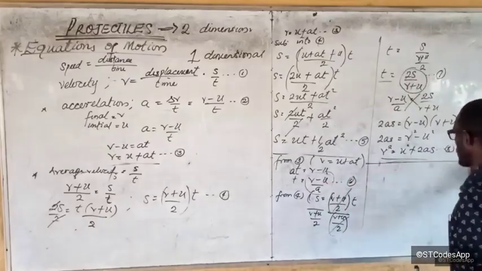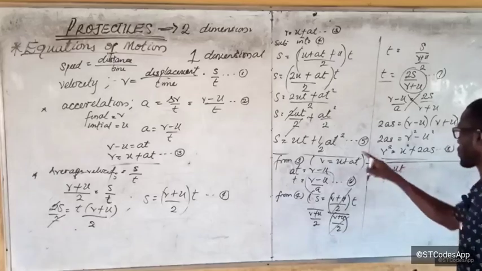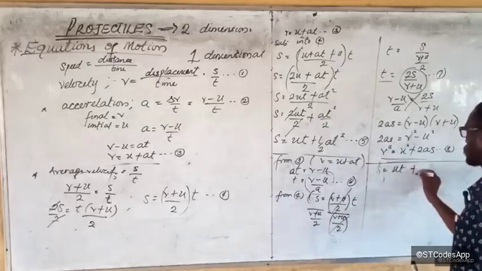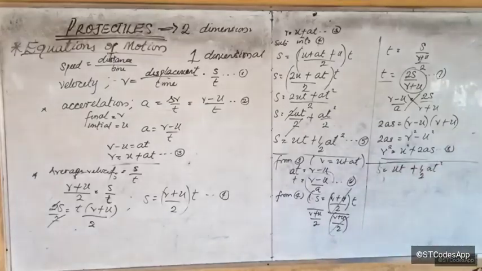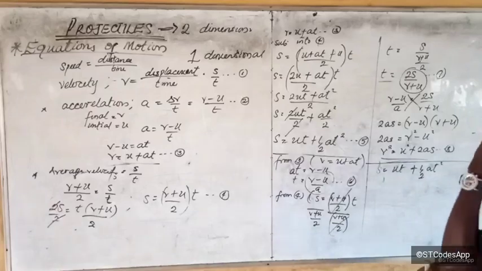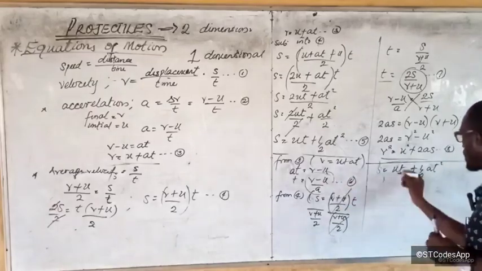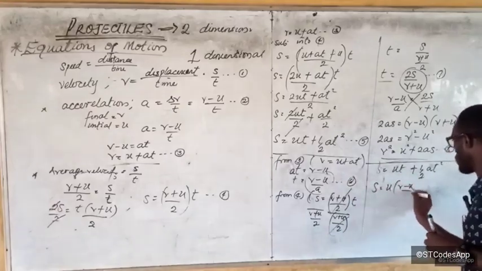And s is equal to ut. This is from equation 5. s equals ut plus 1 over 2 at squared. Okay? I could say since t is this, since t is v minus u over a, then it means that s will be equal to u into bracket v minus u over a.